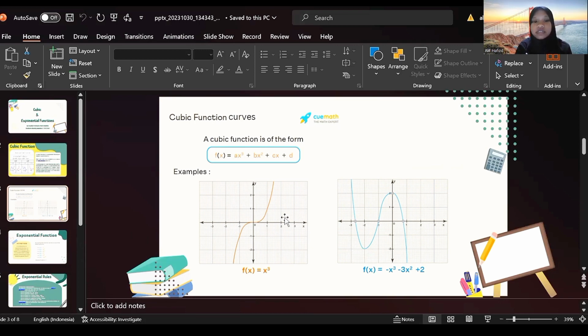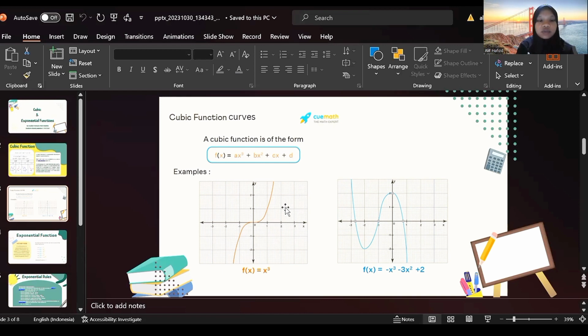In general, we can say that their equation will look something like this, where a can be any number other than 0, and b, c, and d can be any number including 0. So basically, all that means is that cubic equations have to have an x cubed term that may or may not have an x squared or a number term.